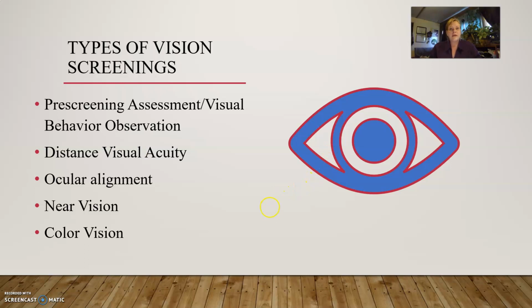The types of screenings that we do: a pre-screening assessment, and we make note of any visual behavior observations. We test visual acuity, distance visual acuity, ocular alignment, near vision acuity, and color vision.